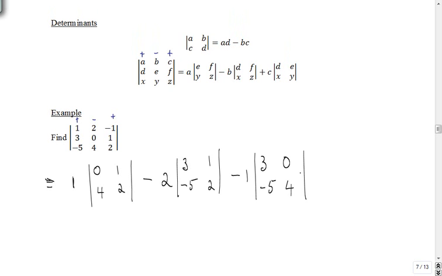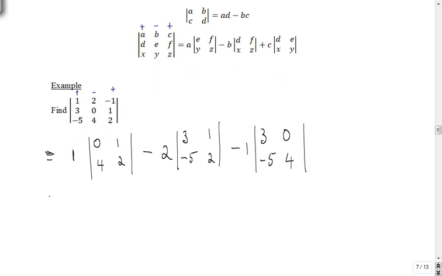Tell me if you have any questions before I continue working this out. You can easily make mistakes in this, especially with signs, so you really have to pay attention to that. Let's work it out now. So that's a 1. Now let's work out the determinant of this 2 by 2. 0 times 2 is 0, minus 4 times 1 is 4. Minus 2. 3 times 2 is 6, minus 5 times 1 is minus 5, so that's a plus 5.